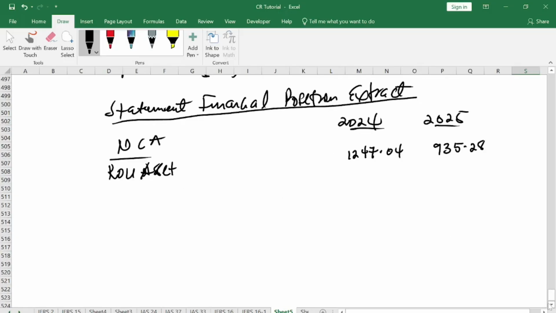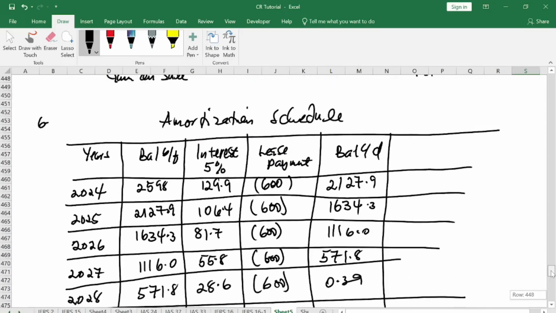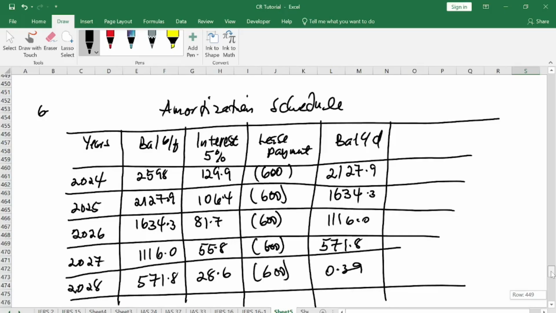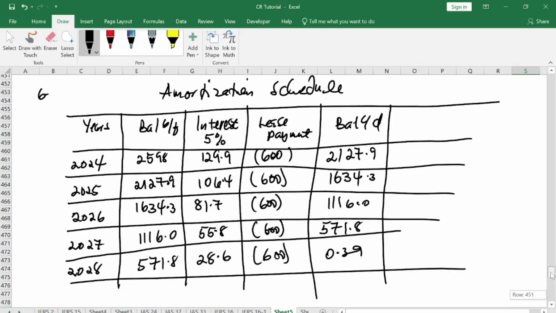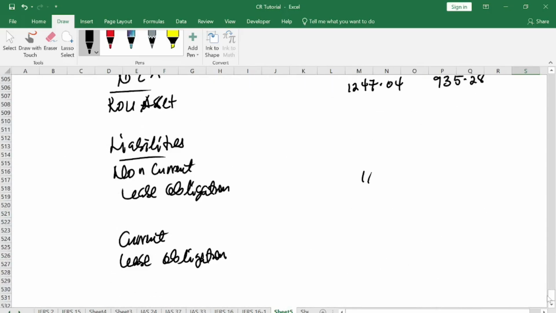Now you can think about all your liabilities afterwards, the current lease obligation. We are doing only 2 years, so year one 2025 and 2026. For 2025, it is 1634.3, and 1116. So for the current liabilities, you find the total here.